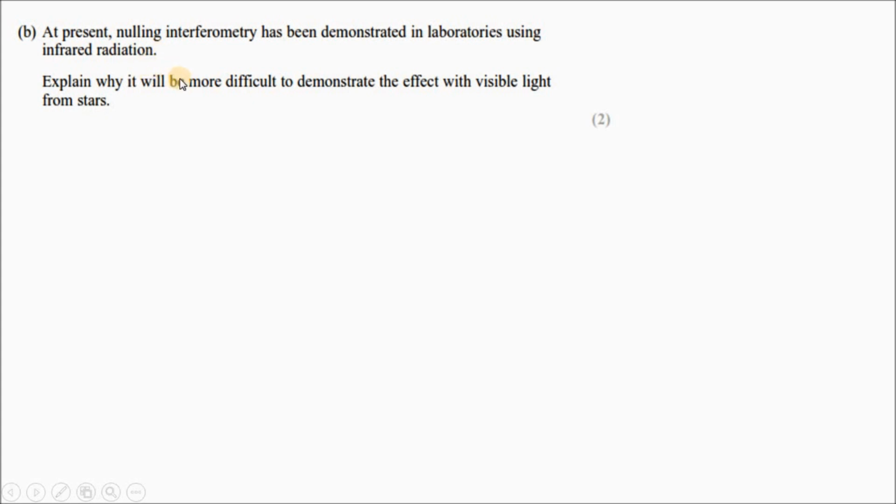If you recall the diagram, we are producing an additional path difference in one of the beams. This additional path difference is easy to produce for infrared because of the larger wavelength. For visible light, because it already has a small wavelength, it is very difficult to produce this additional path difference. That's why infrared is used instead of visible light.